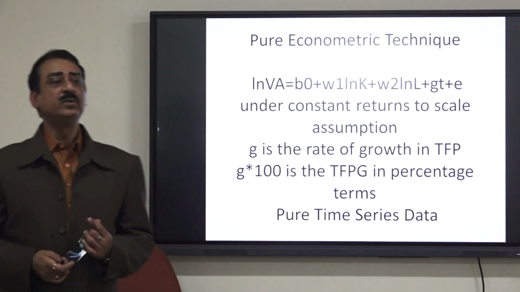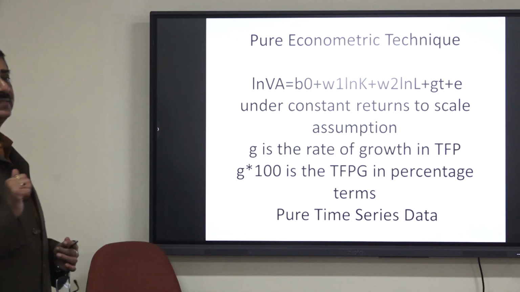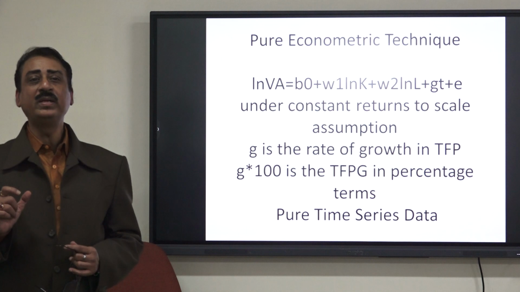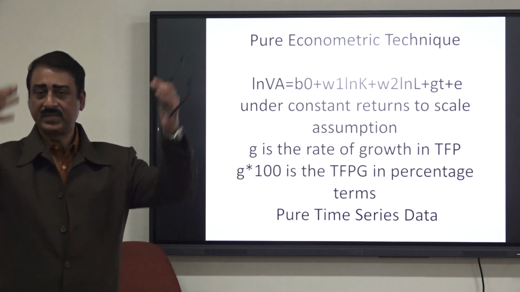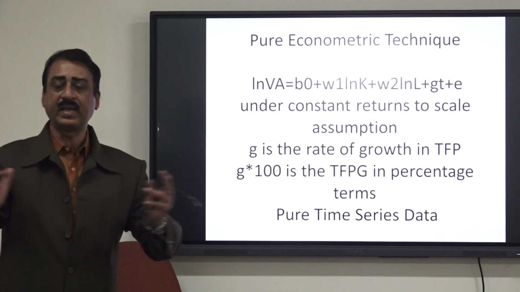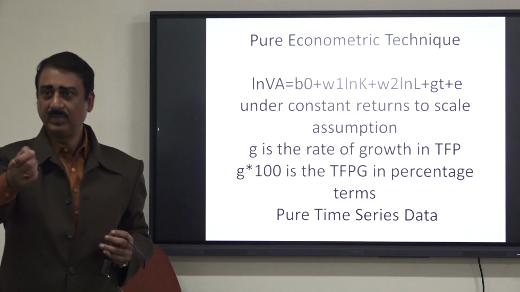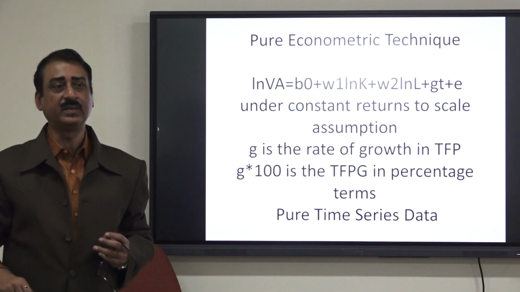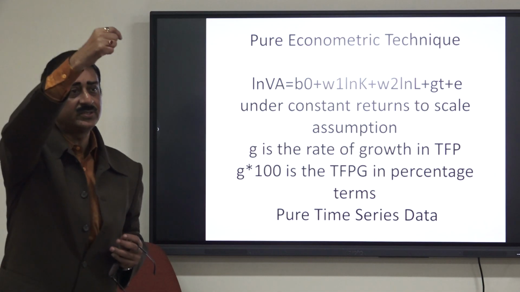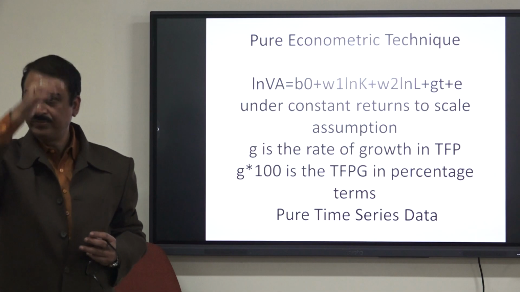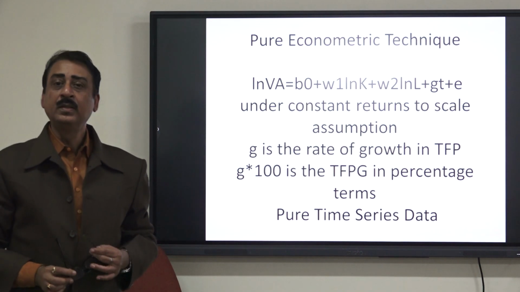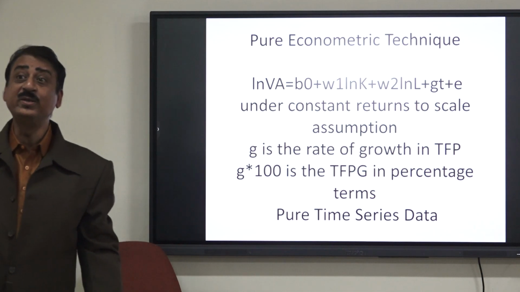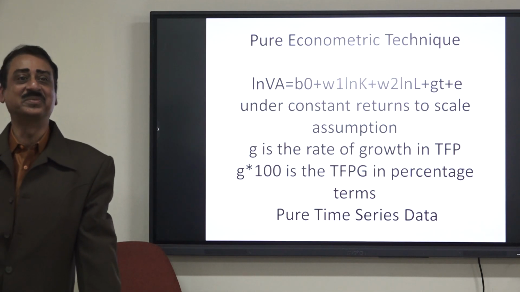But here you must remember that this kind of exercise can be done only when you have pure time series data. Time series data in the sense, for a given industry, let us say the chemical goods industry, a particular firm is manufacturing chemical goods. So you have the information from 1980 to 2024, and then you calculate these values. The problem arises when you have a cross section of firms.